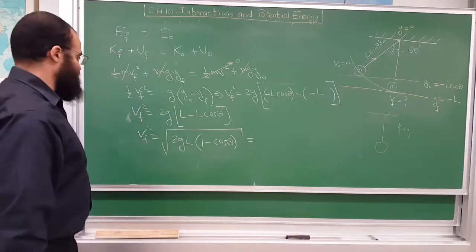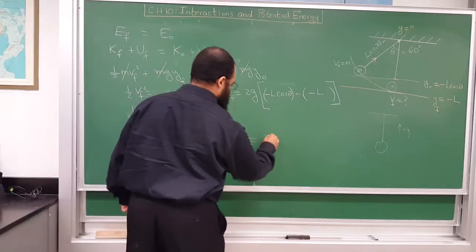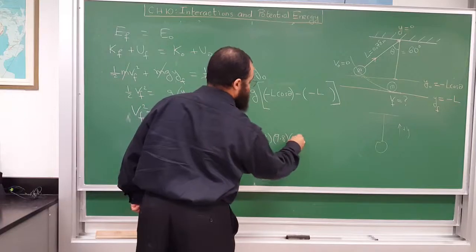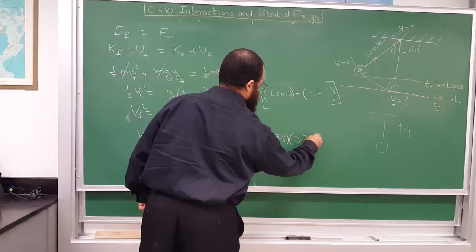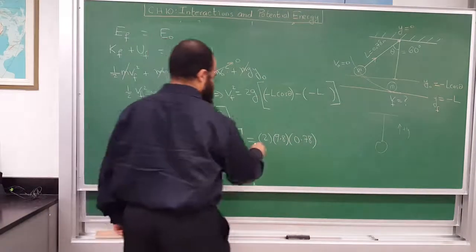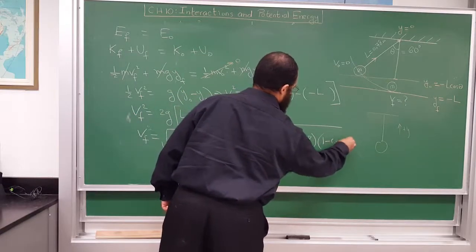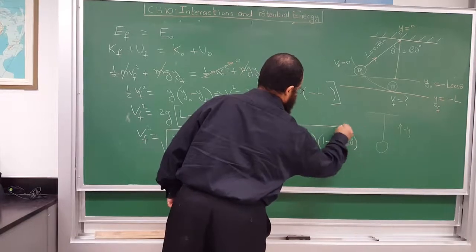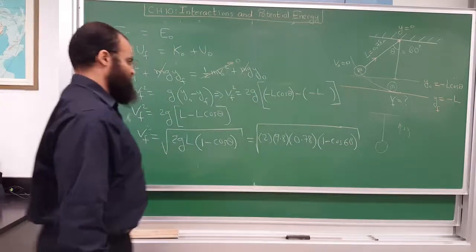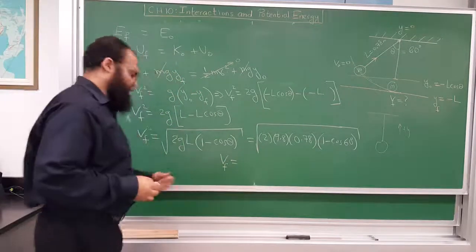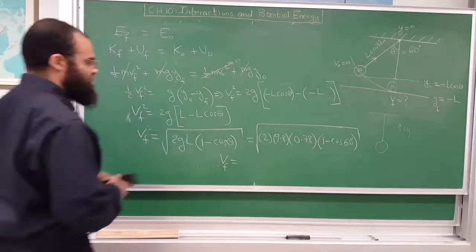And now we will plug in the numbers. We get 2, g is 9.8, L is 0.78, and then square root, and then 1 minus the cosine of 60 degrees. And so you get V final. Let's get my calculator here.